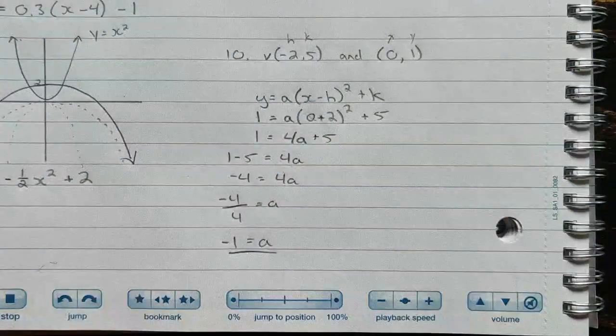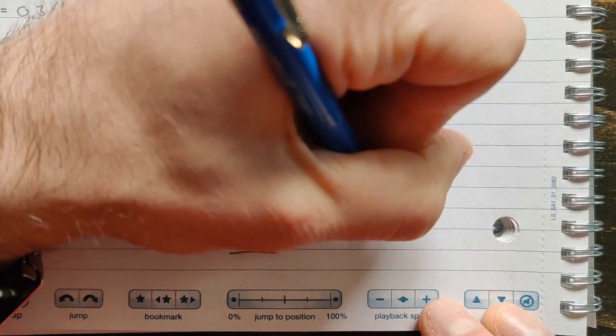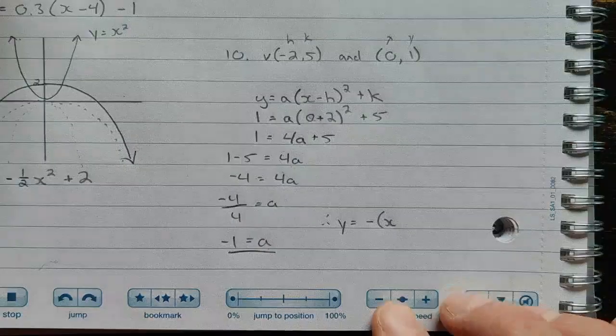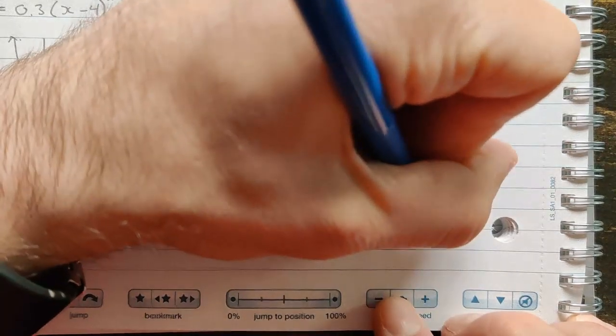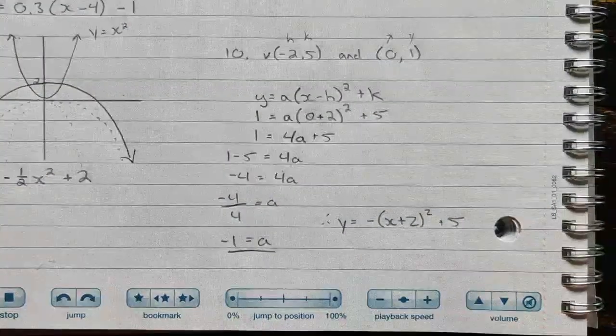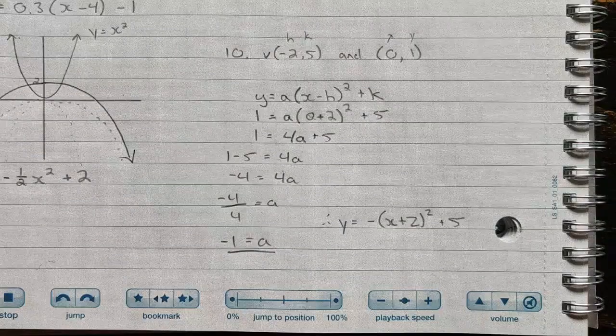So that's our a value, and therefore the equation is y equals negative (x plus 2) squared plus 5. Could put a negative 1 or just a negative sign. Both are perfectly acceptable.